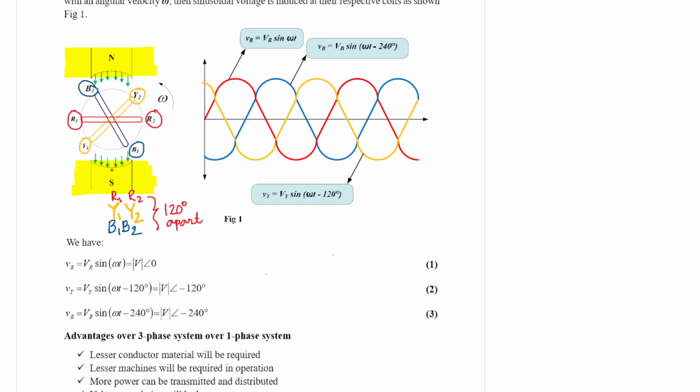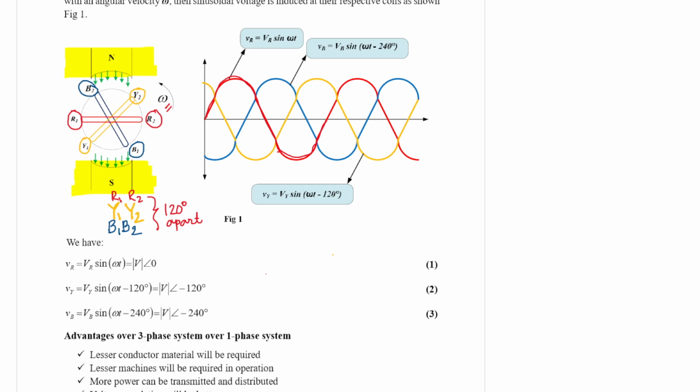Following the same logic that we have understood in the case of a single-phase AC supply, if these three conductors are rotated with an angular speed omega, then this sort of waveform is generated. This waveform is the R phase, that is one of the phases, right?